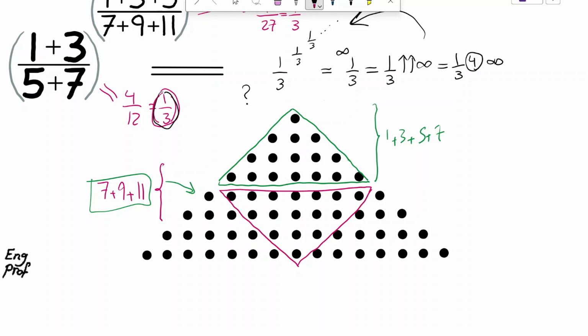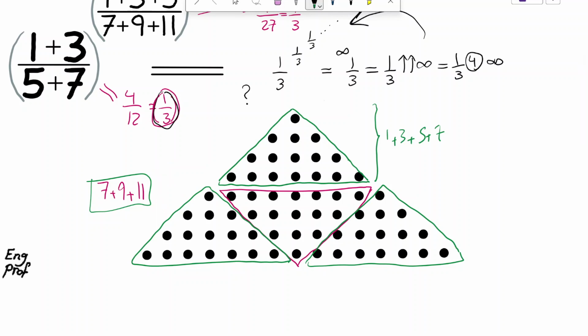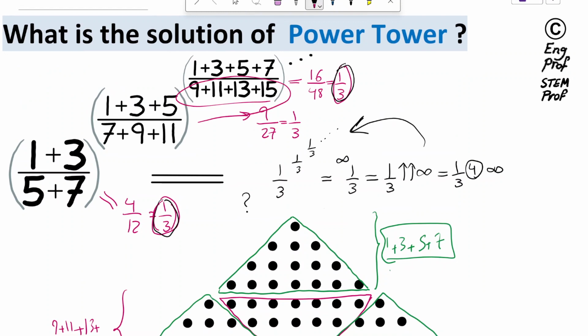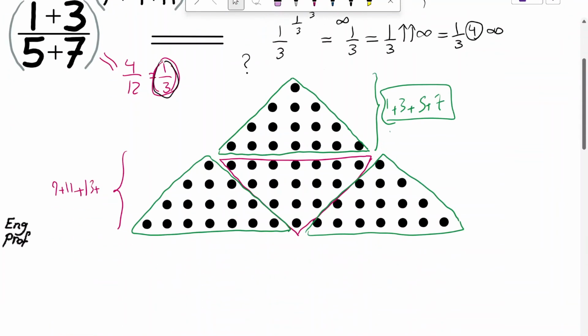And then I have a repeated version of that triangle here as well, and here as well. So same number of circles or dots. So effectively now I have 1 plus 3 plus 5 plus 7 in that triangle, and then in each of these repetitions below I have 9 plus 11 plus 13 plus 15 as in the denominator of the second exponent.